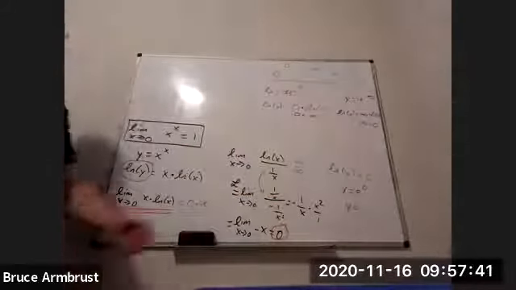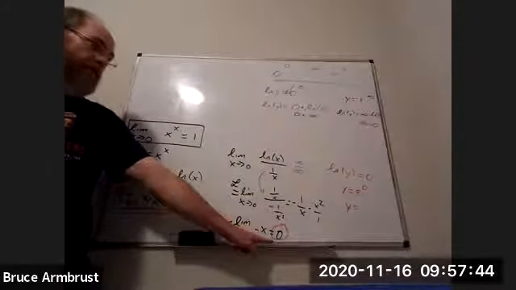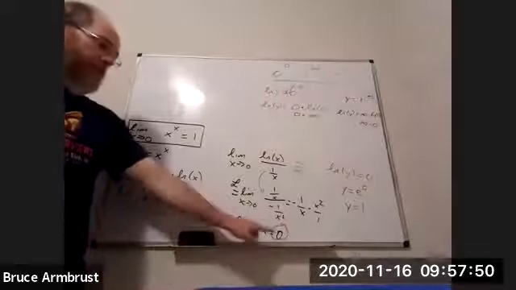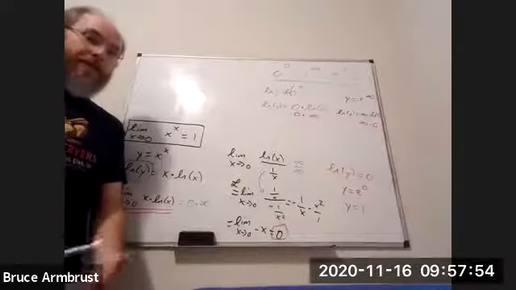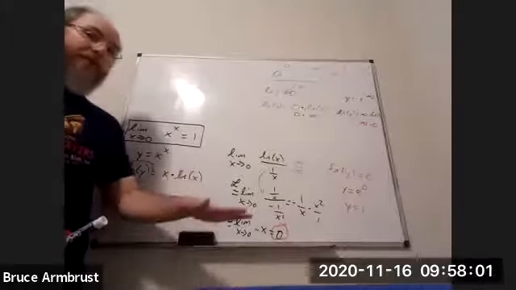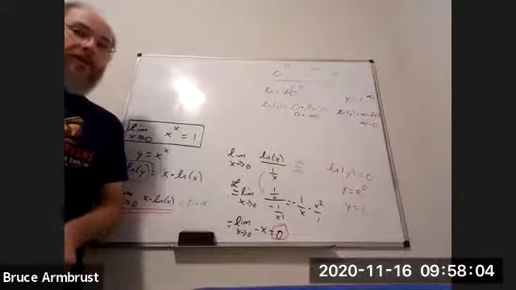So if this number had been 1, let's say, then our actual answer would have been e to the first. If this number had been -4, our actual answer would have been e to the -4. So on and so forth. So you always got to make sure that you turn it back into y. You have to undo that log.